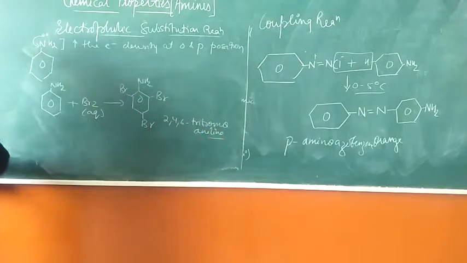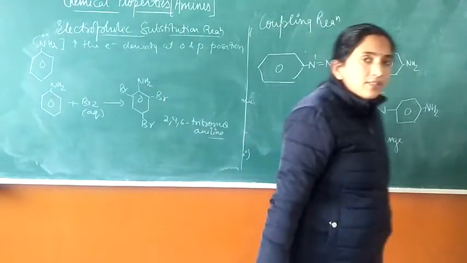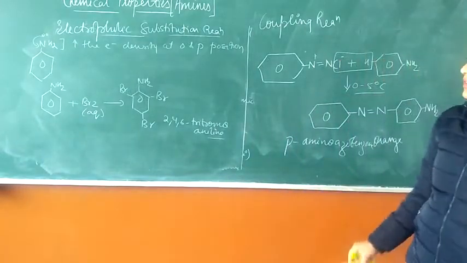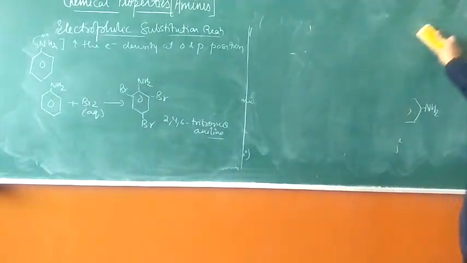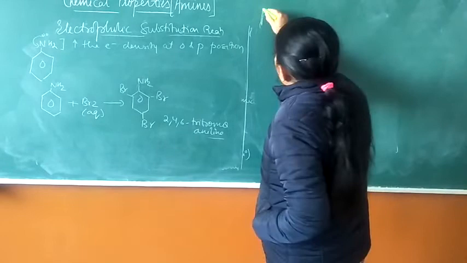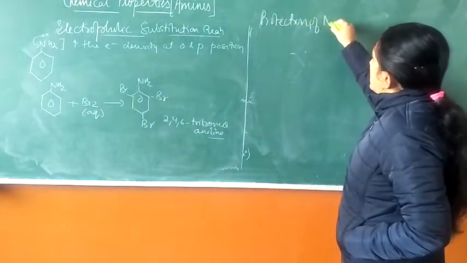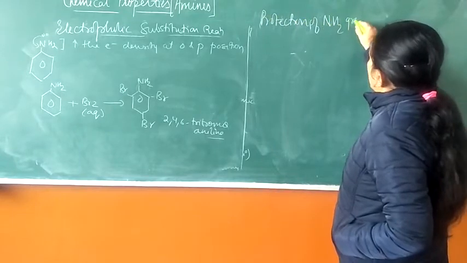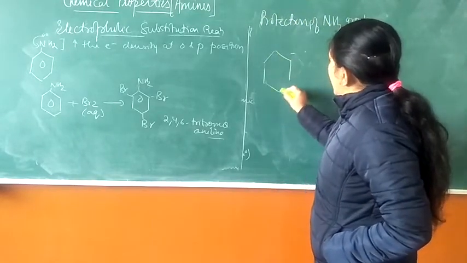So if you want to get the ortho and para products, students, we have to protect the nitrogen atom and its electron pair. For that, we are going to protect the amino group. How are we going to do it? Protection of the NH2 group: we get it reacted with acetic anhydride.